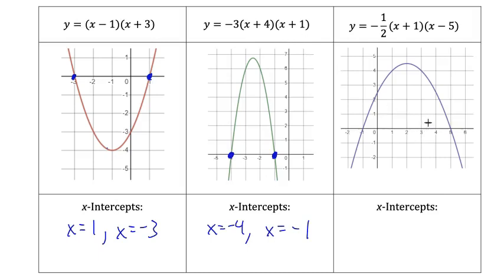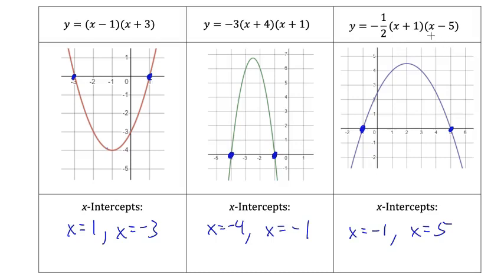We'll take a look at one more here. This parabola has x-intercepts at -1 and +5. And once again, we see that close relationship between the x-intercepts and the two binomials. We had x-intercepts of -1 and +5.